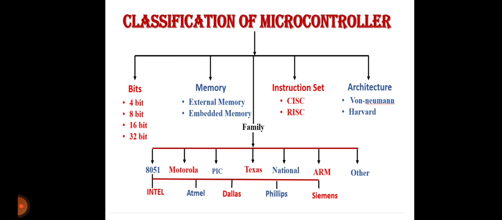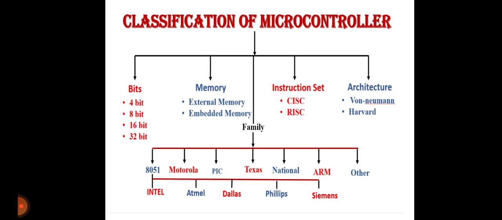Next we will see the classification of microcontroller. Basically it is classified into five types: first is bits, second is memory, third is instruction set, fourth is architecture, and fifth is depending on the family. In bits there are four types, that is 4-bit, 8-bit, 16-bit and 32-bit microcontroller.